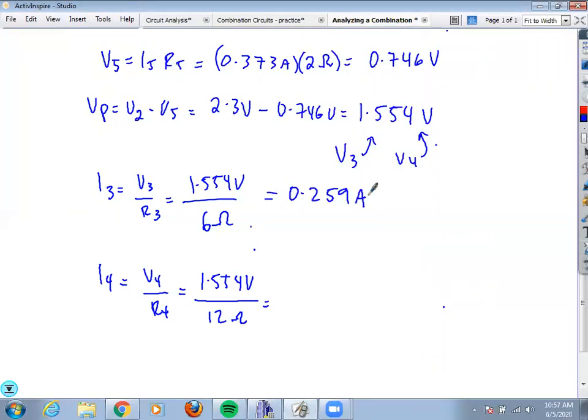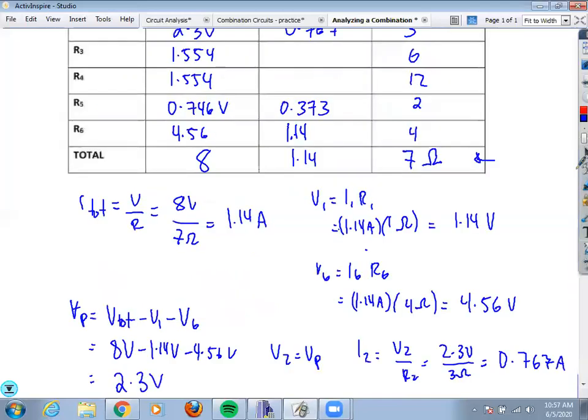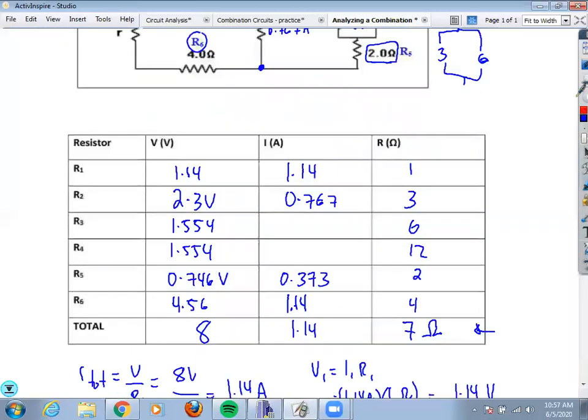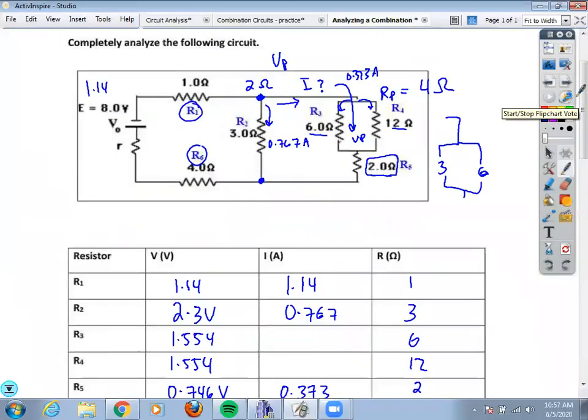Now we can use the junction rule: 0.259 and the current through I4 must add up to the total, which is 0.373, but we'll use Ohm's law for the 12 ohm resistor.